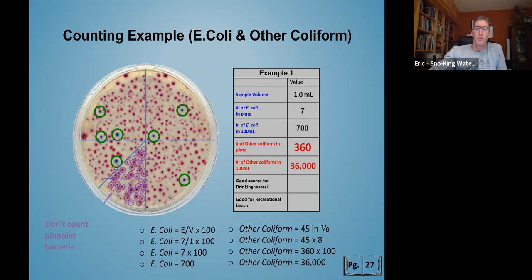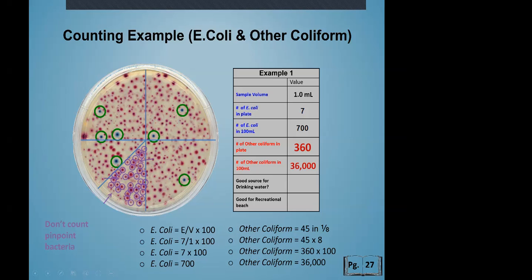Going back just to interpret this, would 700 CFU in 100 milliliters, 700 colony forming units, be a good source for drinking water? You guys remember what the level is? I sure hope not.